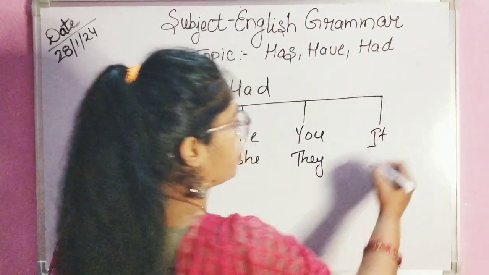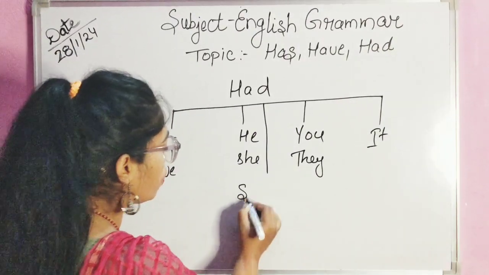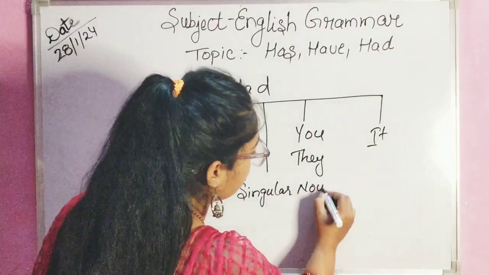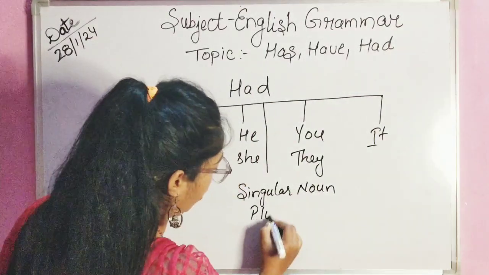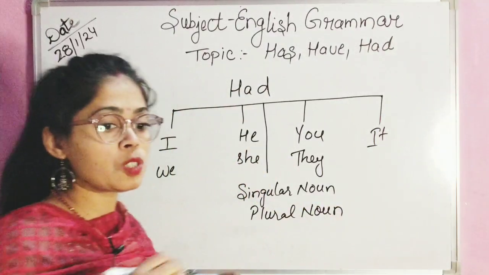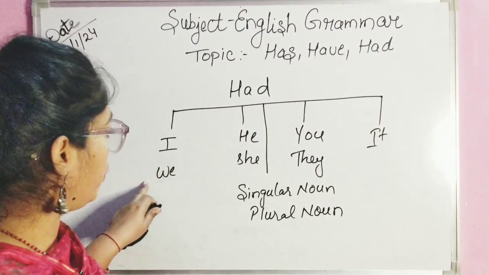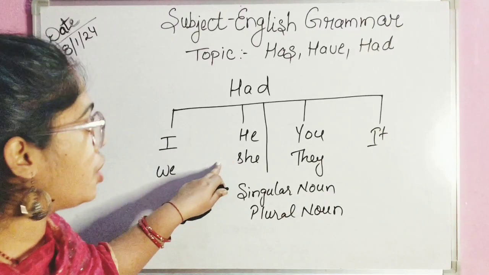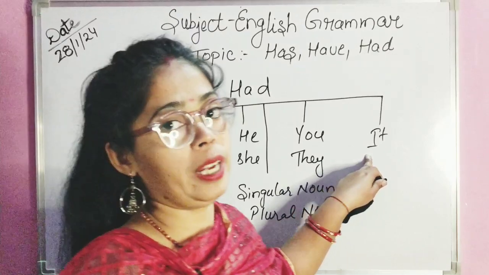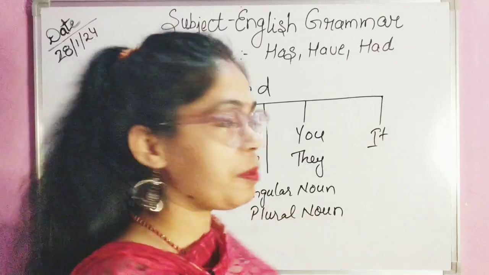With all these subjects, had is used, and is also used with singular noun and plural noun. Okay. So it is used with both, singular and plural noun. I, we, he, she, you, they and it. With all these subjects, had is used. Okay. So students, this concept is clear.